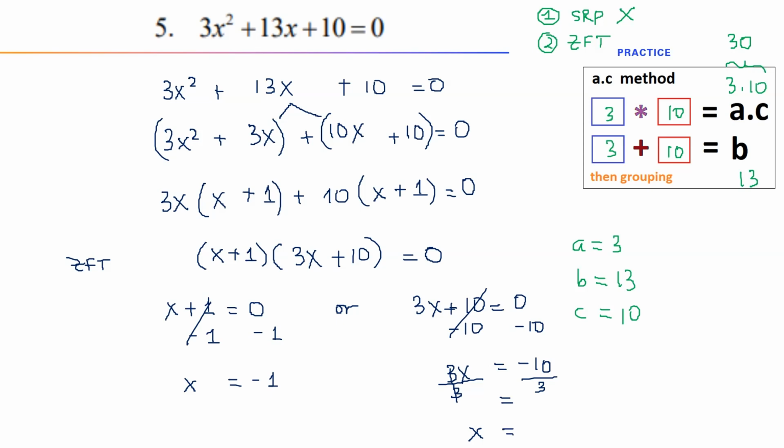The leftover is x. So isolate x on the left-hand side. On the right-hand side is negative 10 over 3. The solution set, negative 10 over 3, comma, negative 1.